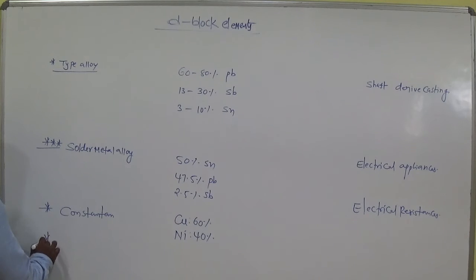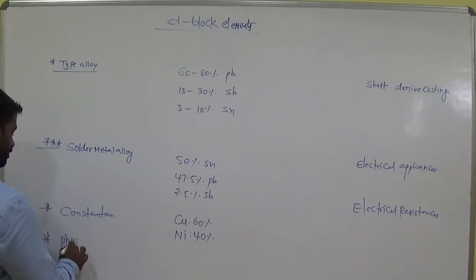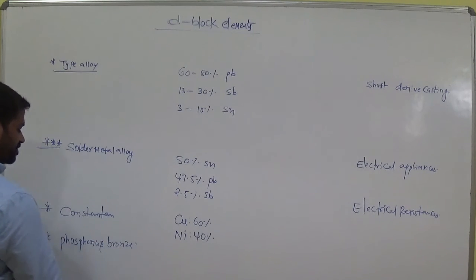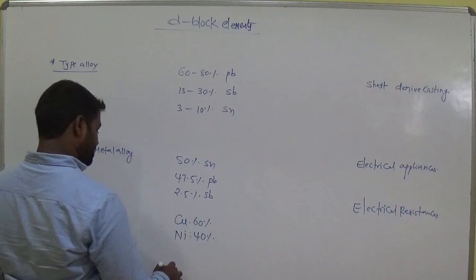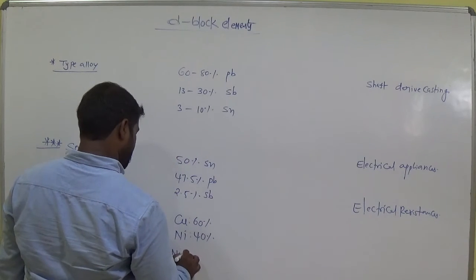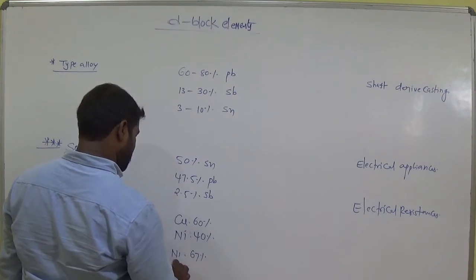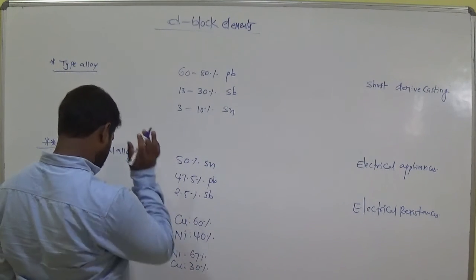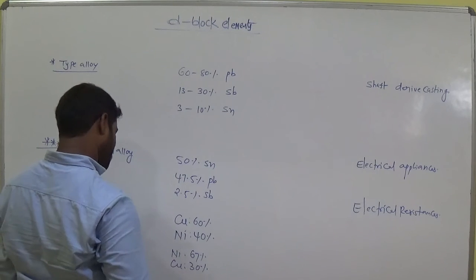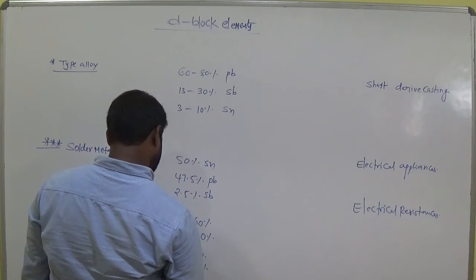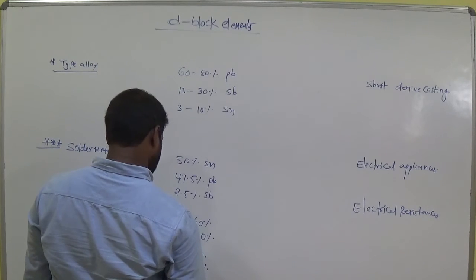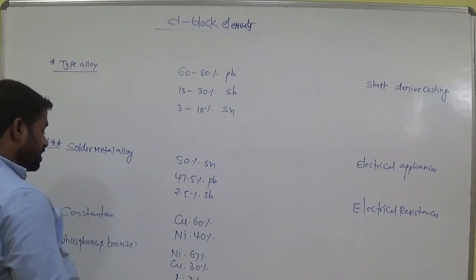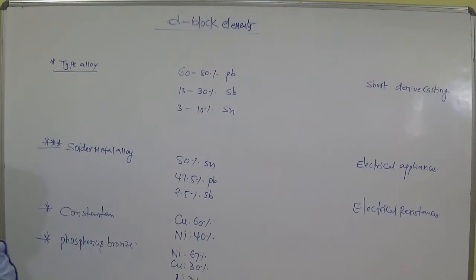And the next one is phosphorus bronze. This consists of nickel 67%, copper 30%, and phosphorus, lead 3% nearly. Phosphorus bronze.